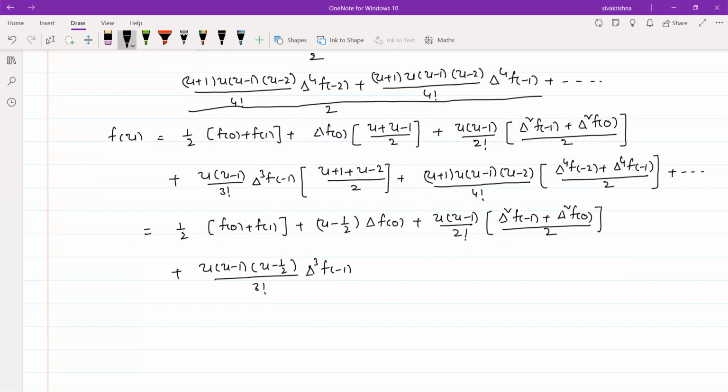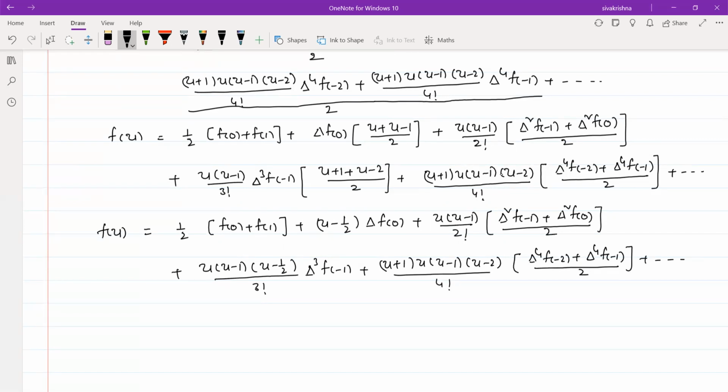And finally we get (u plus 1) into u into (u minus 1) into (u minus 2) by 4 factorial into delta power 4 f of minus 2 plus delta power 4 f of minus 1, by 2, plus and so on. So this is Bessel's formula.